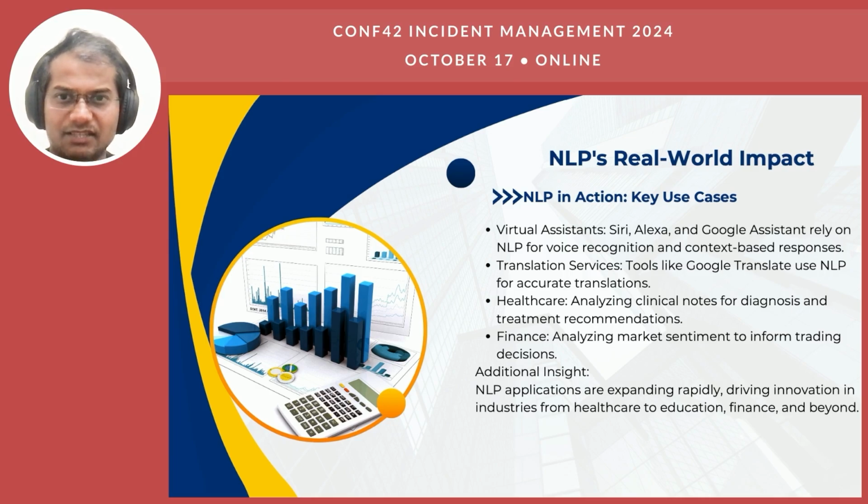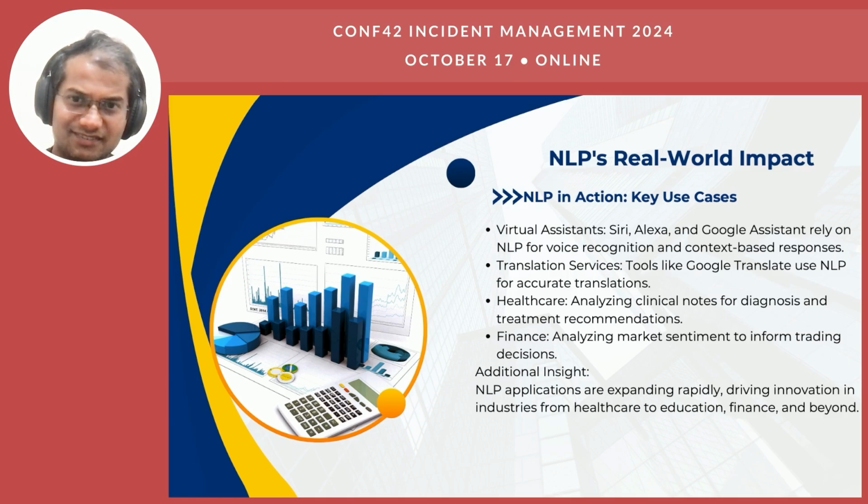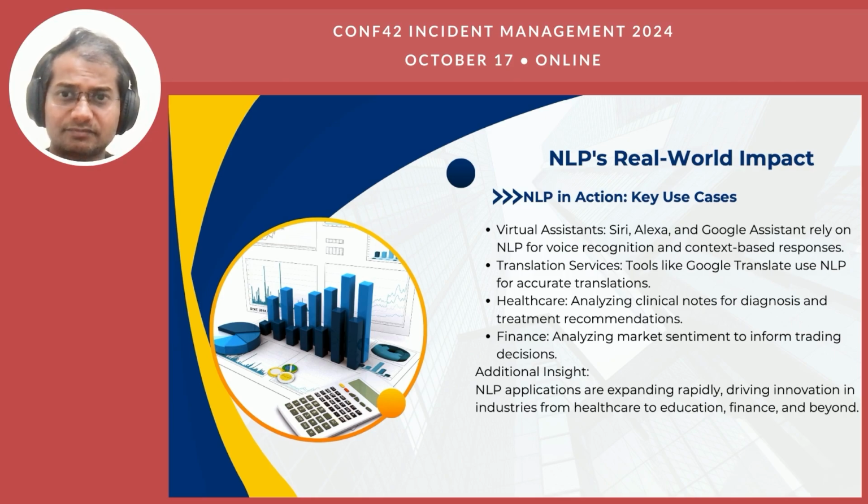In healthcare, NLP helps analyze clinical notes, aiding in diagnosis and treatment recommendations. And in finance, sentiment analysis is used to understand market trends and inform trading decisions. These are just a few examples that highlight NLP's potential to transform industries and improve efficiency. However, there are still significant challenges to address, which we will see in the coming slide.